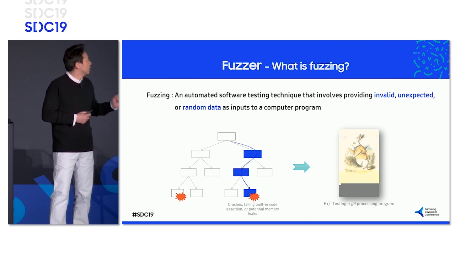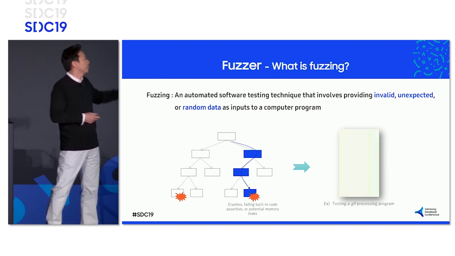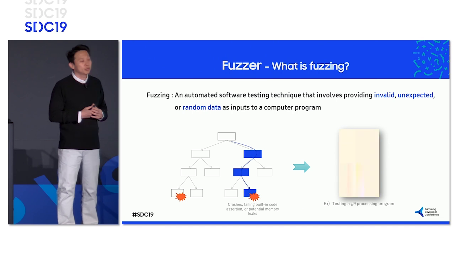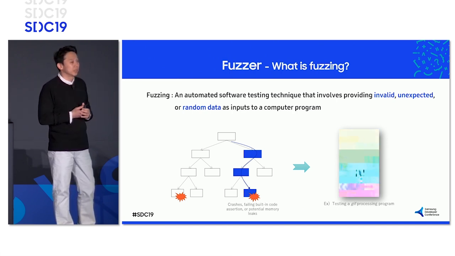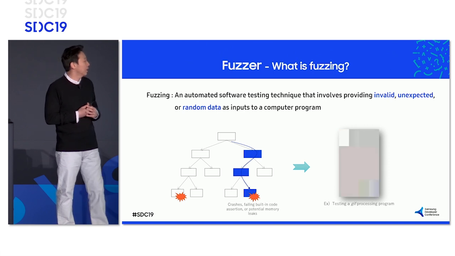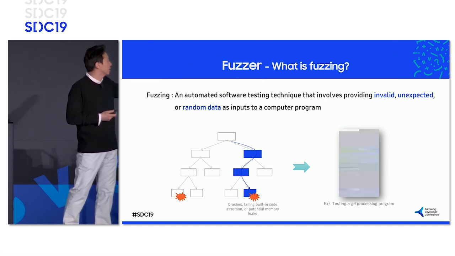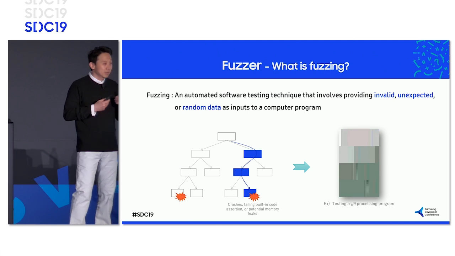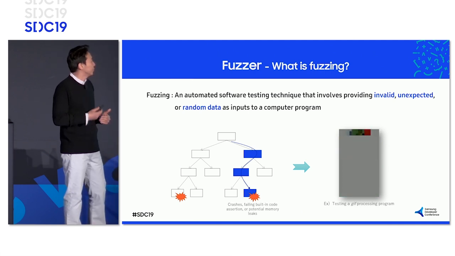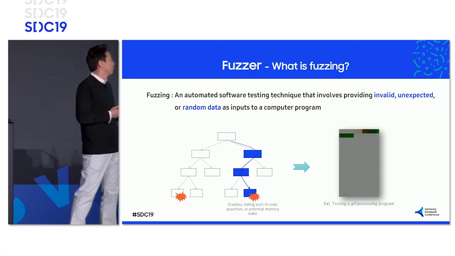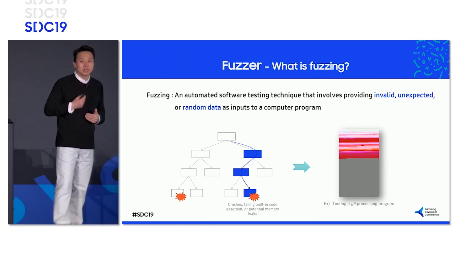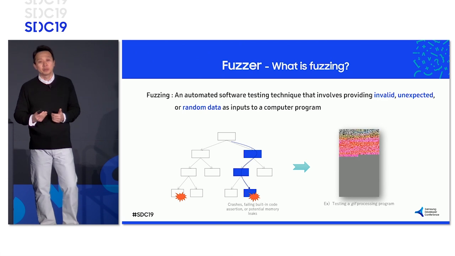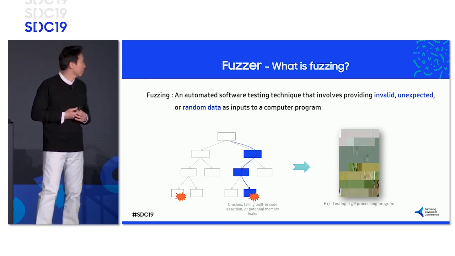In this call graph, to find the bug, it has to reach the branch with the security-related bug. It means it has to penetrate each condition and then generate input to cause a memory error, like a buffer overflow. So generating input is very, very important in a fuzzing system.